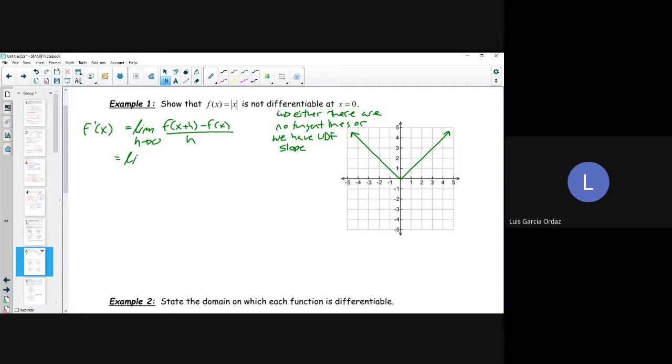We want to figure out if it's differentiable at x equals 0, so I can sub in 0 for x, so we get the absolute value of x plus h minus the absolute value of x all over h. So let's sub in x equals 0. I get the absolute value of 0 plus h minus the absolute value of 0 over h. And I'm left with the limit as h approaches 0 of the absolute value of h over h.